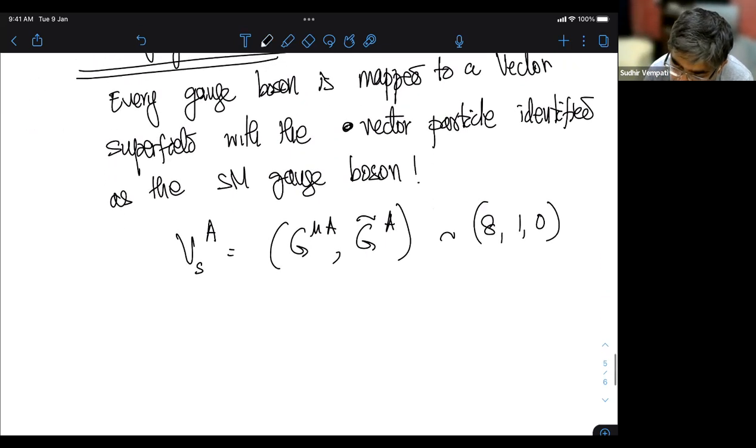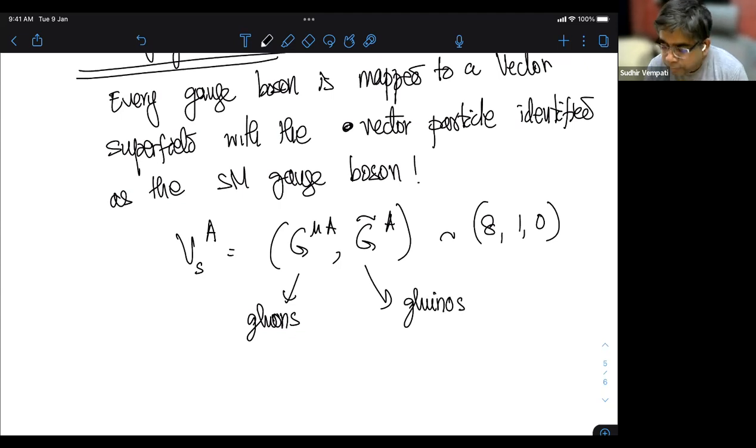These are your ordinary gluons, and these are your gluinos. How many gluons are there? There are 8 of them. There are 8 gluinos also.